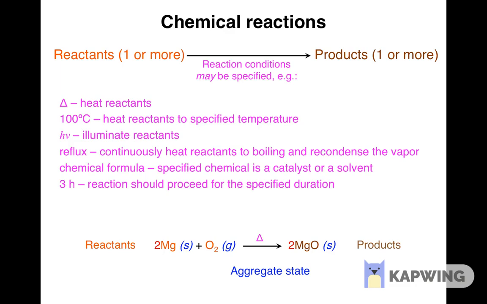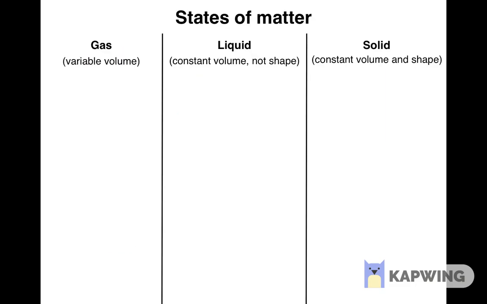In the chemical reactions that we will be considering in this class, you will see 4 different aggregate states of reactants and products specified. Solid, specified by the letter S, liquid, specified by the letter L, gas, specified by the letter G, and aqueous solution, specified by the letters AQ.